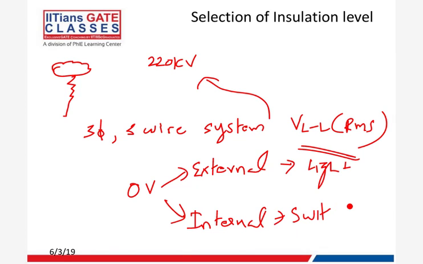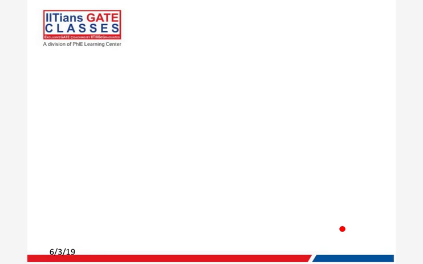So what happens is that when you switch a circuit breaker, due to the nature and timing or other issues, there might be an over voltage, which is called an internal over voltage, right? So this lightning over voltage is actually more severe than that switching voltage, right?